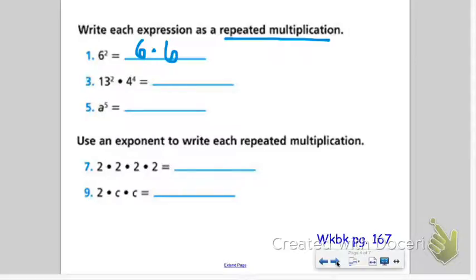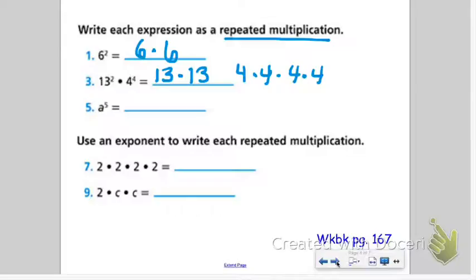For number 3, we have 13 to the second power times 4 to the fourth power. Let's start with 13 to the second power. That is 13 as a factor 2 times. 13 times 13. 4 to the fourth power means 4 will be our factor 4 times. So that's 4 times 4 times 4 times 4.